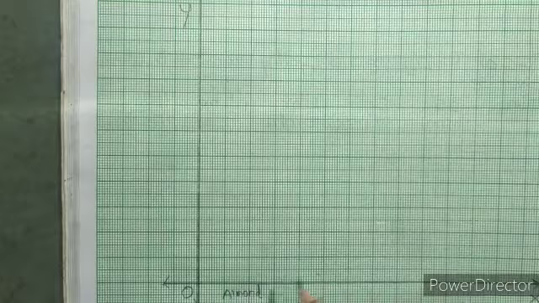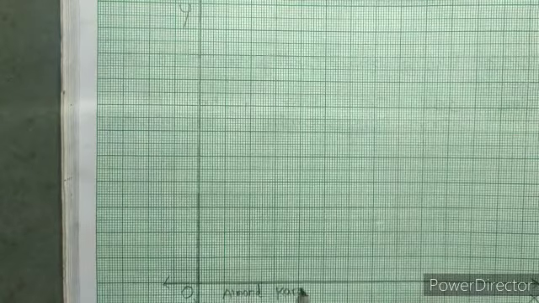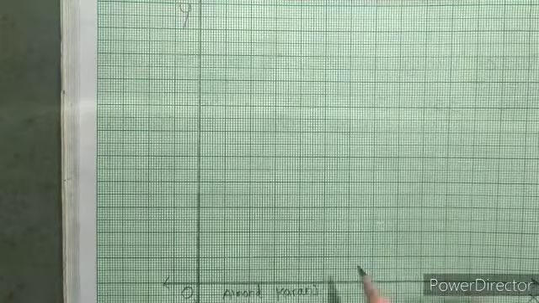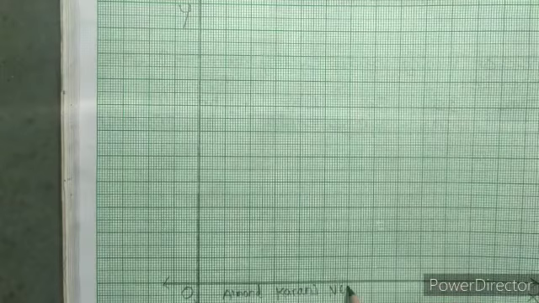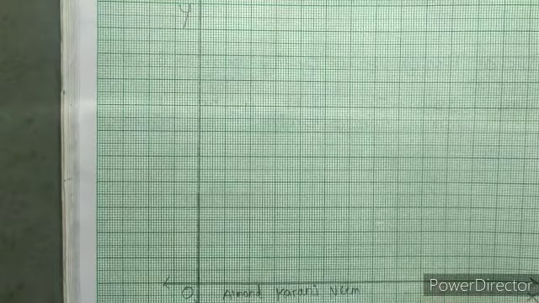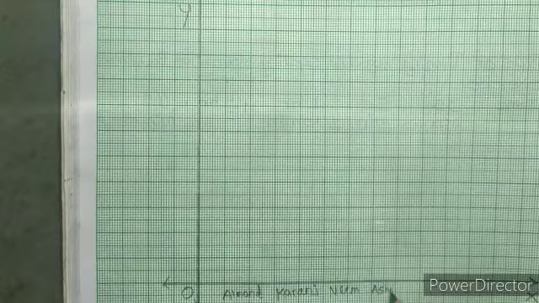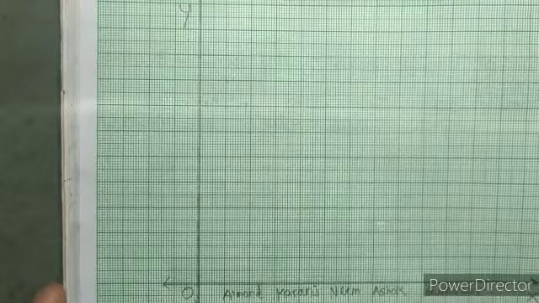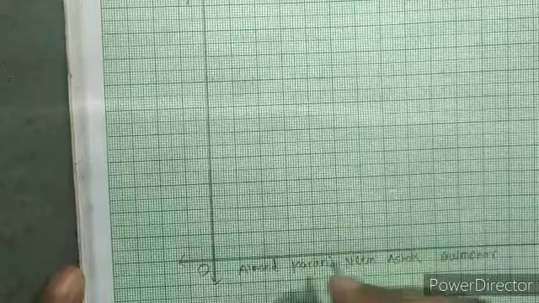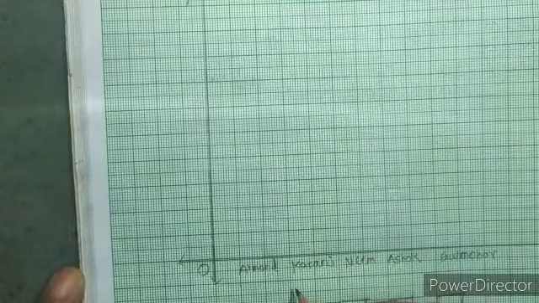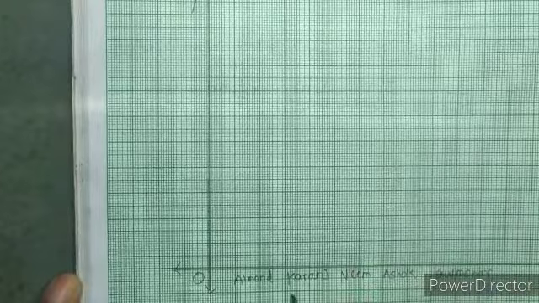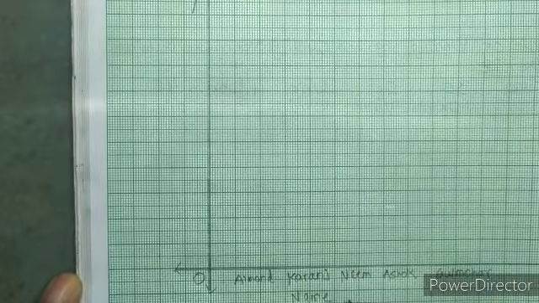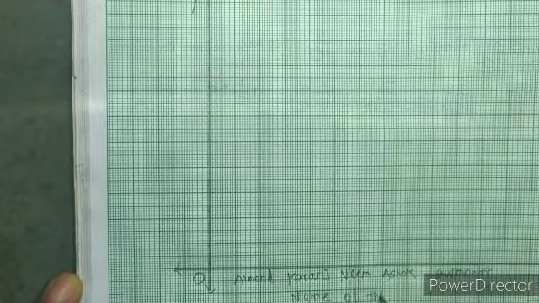Next is Karanj, Neem, then Ashok and Gulmohar. And for the label, I am going to write here name of the saplings. This is the label for the x-axis.